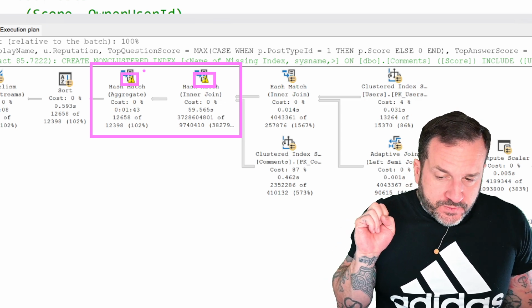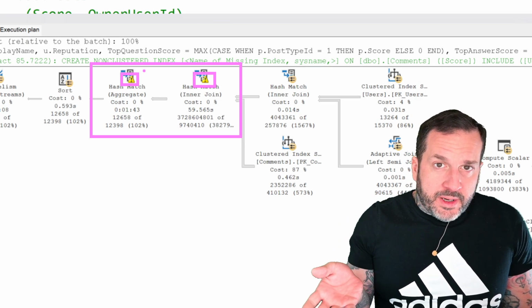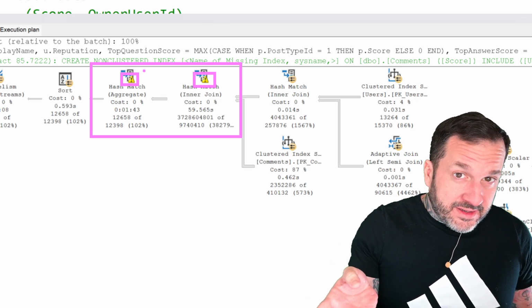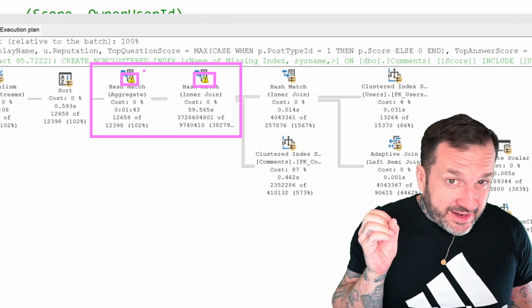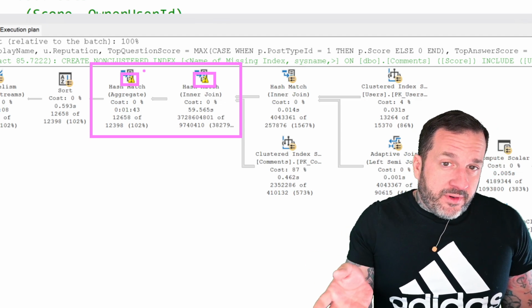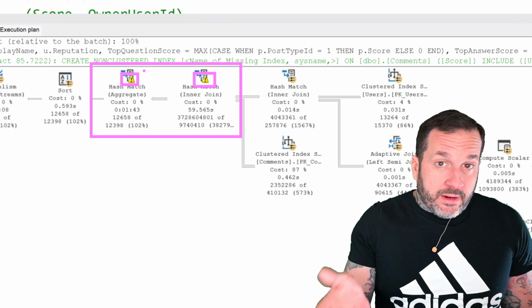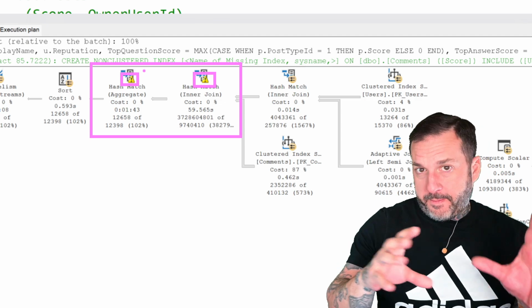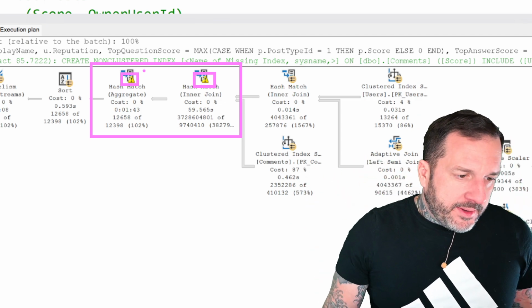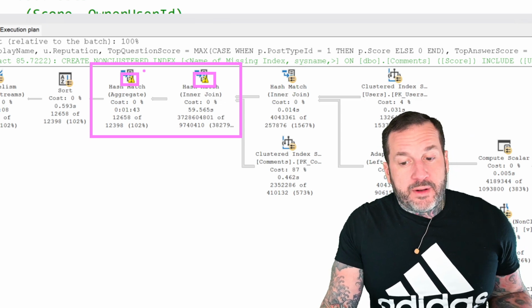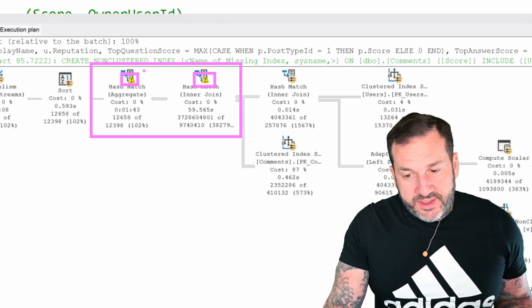When SQL Server came up with this query plan, it also came up with a memory grant, based on the cardinality estimation it did when it was first figuring out where operators go. The memory grant it asked for was way too small for the amount of data that ended up flowing through some of these.